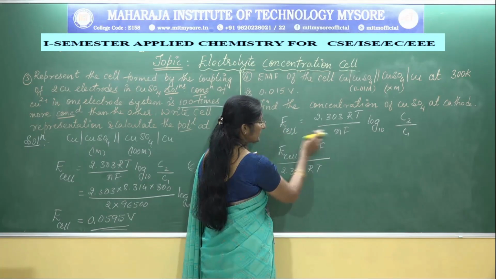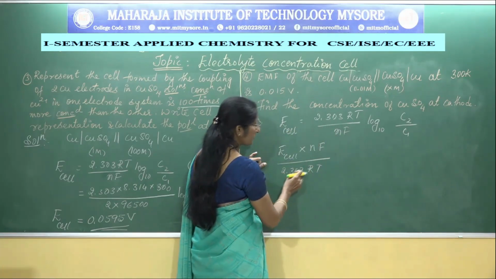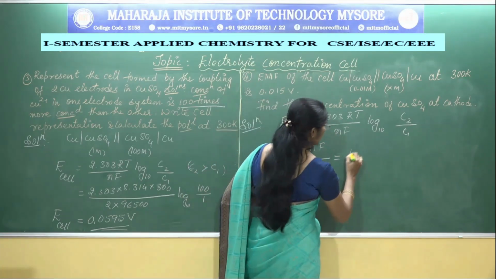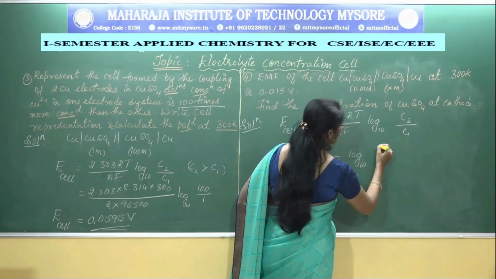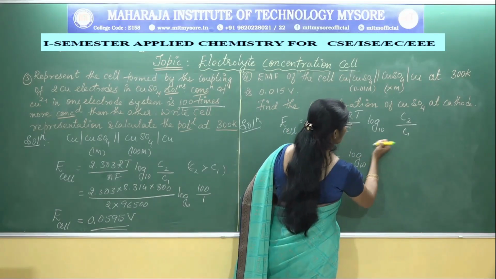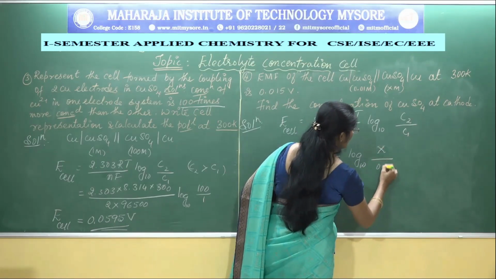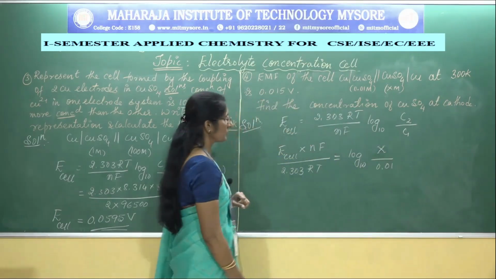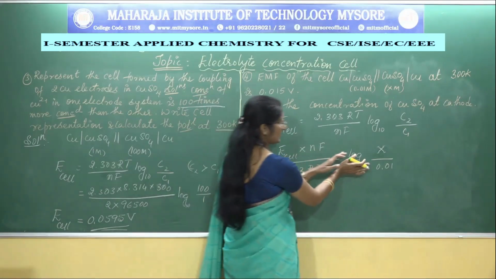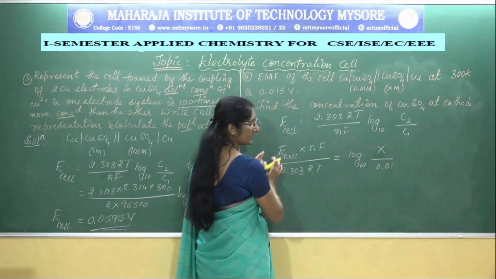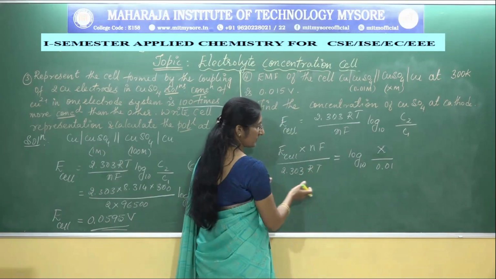So E cell into nF divided by 2.303 RT equals log base 10 of C2 by C1. C2 value is X molar and C1 value is 0.01 molar. I am taking the log to the left hand side, so it becomes anti-log of this value.